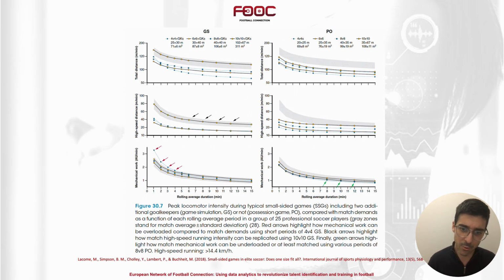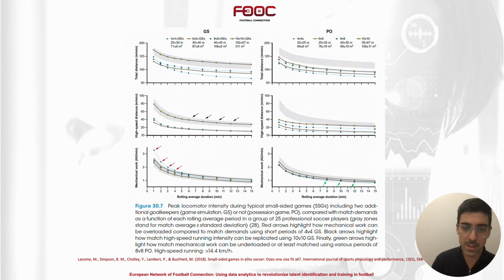And in this gray shadow, you can see the confidence intervals for the typical running distance per minute in official matches. And what we can see is that actually only in situations of regular goal, only the 10 versus 10 exercise allow players to be in the confidence intervals expected for the game.